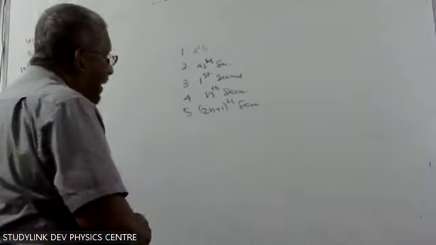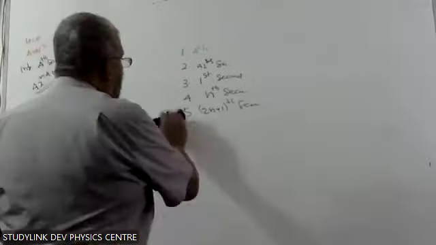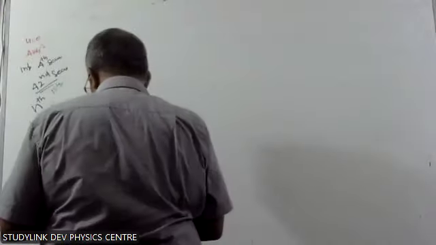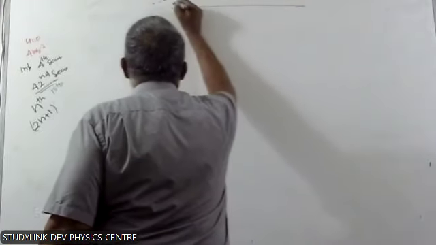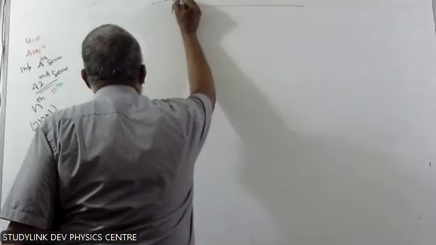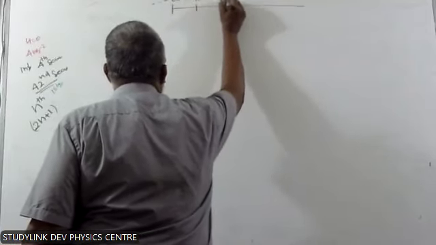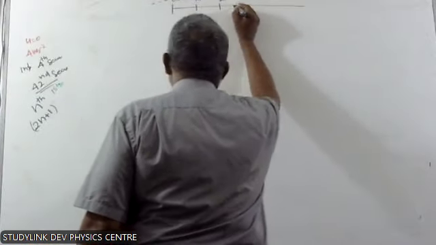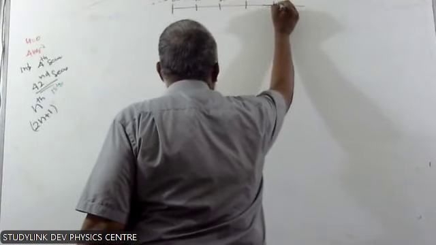Now, we'll see how to do this question. There are two methods. I'll explain the first method at the beginning. Then 0 seconds, 1 second, 2 seconds, like that, we are going to the 4th second. 3 s, 4 s.